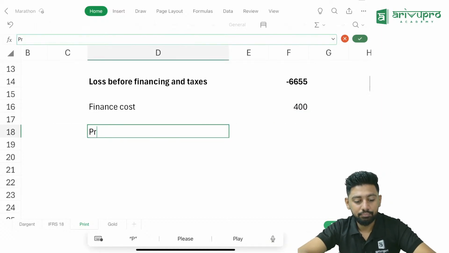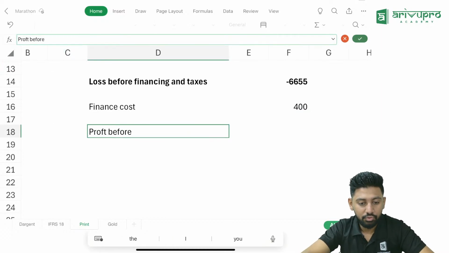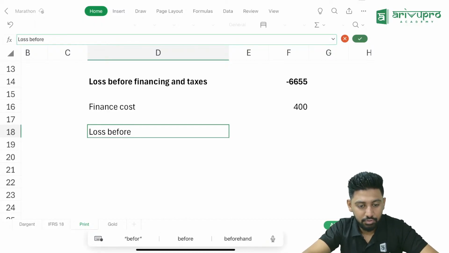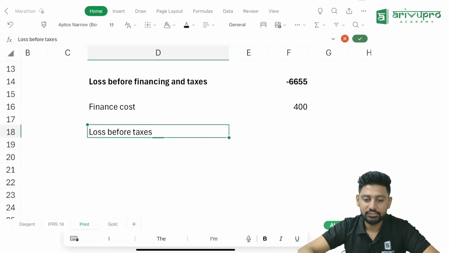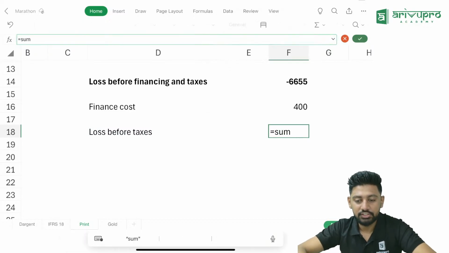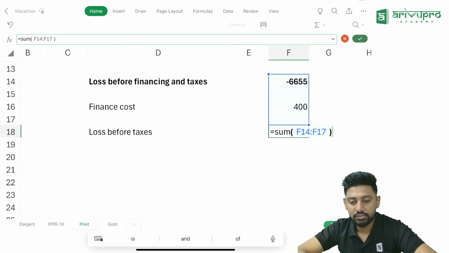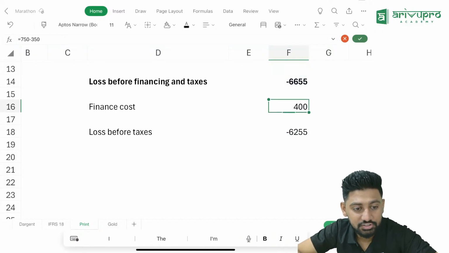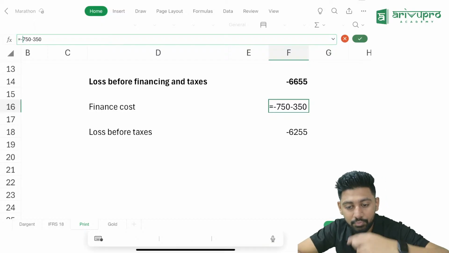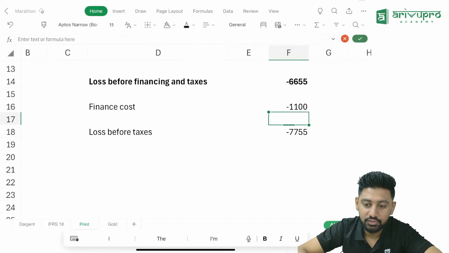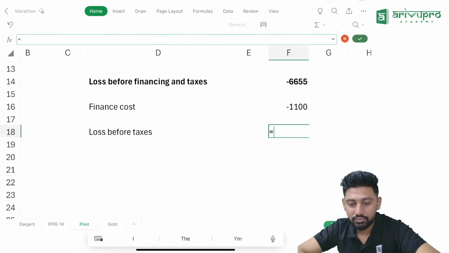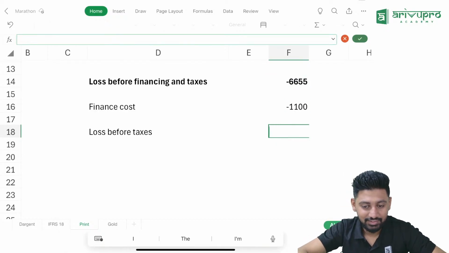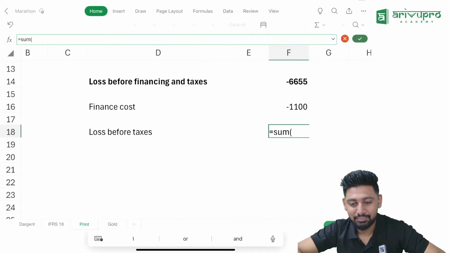So I have my loss before taxes, which is equals this plus this, which is 6255. Oh no, my finance cost is negative. So let me put a negative and it becomes 7... Okay, I'm going to take equals sum.